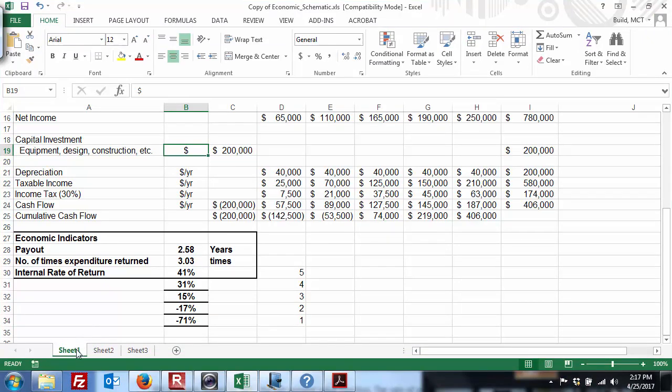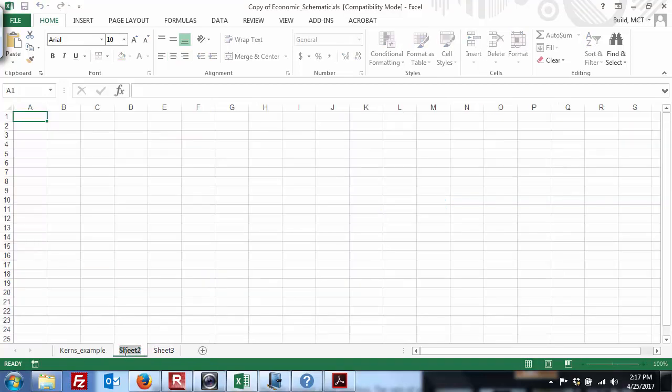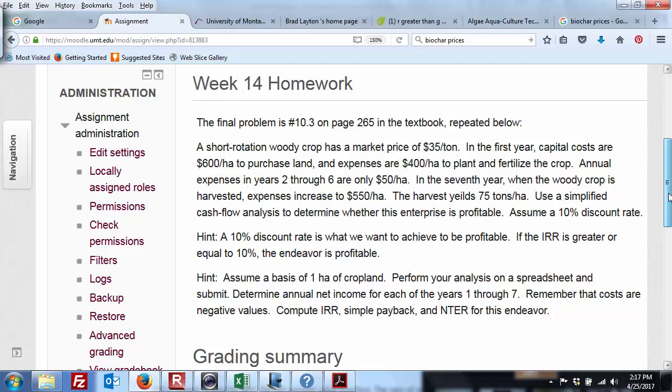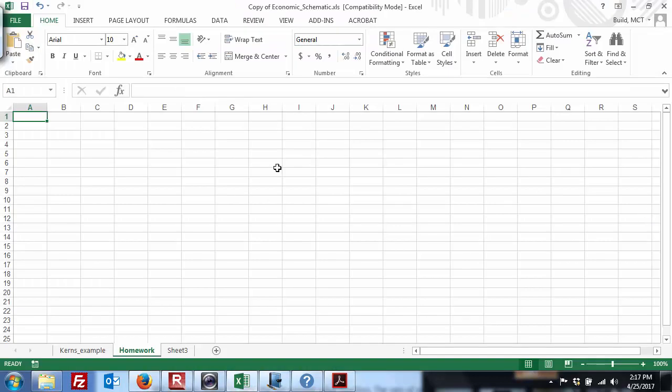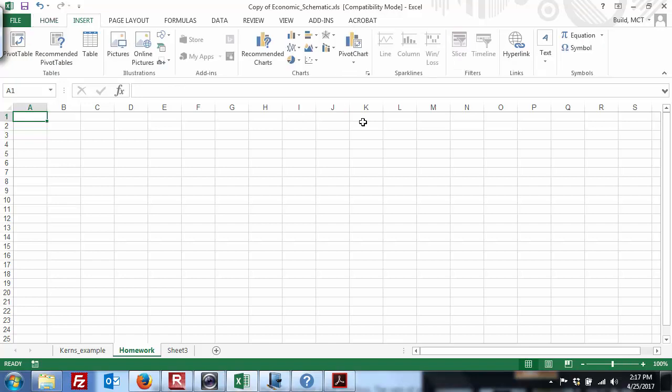Well, okay, so this is the Kerns example. Is that in the resources or something? The spreadsheet was on the, I'll show you. Well, it's in the lesson notes. I saw that. Insert table, chart, data, equation, symbol, text box.